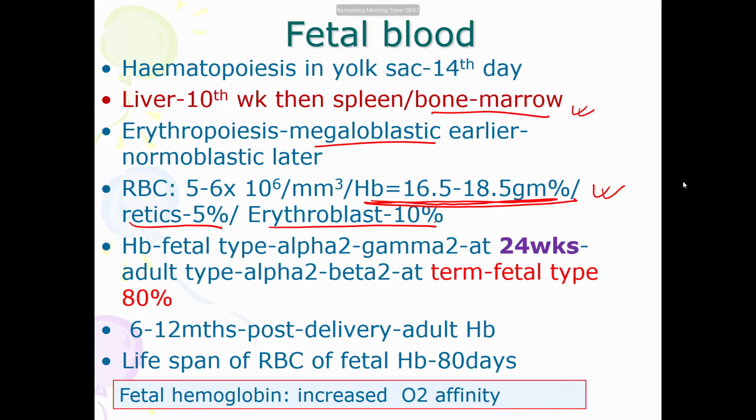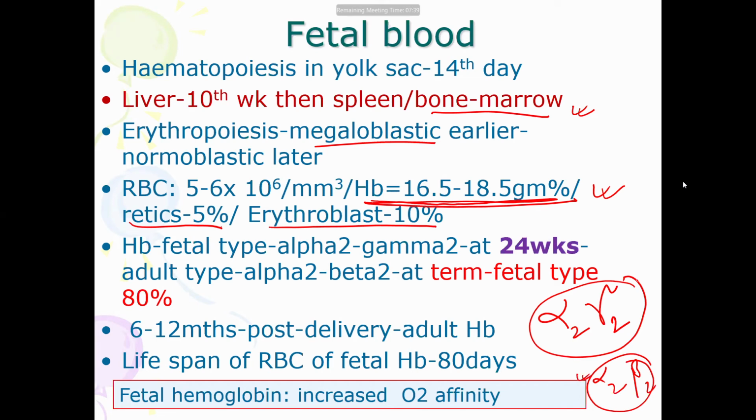So initially the main hemoglobin in the fetus is fetal hemoglobin, that is, it contains 2 alpha and 2 gamma chains. So this is fetal hemoglobin. And after 20 weeks, adult hemoglobin appears, which is 2 alpha and 2 beta, but almost 80% is fetal hemoglobin.